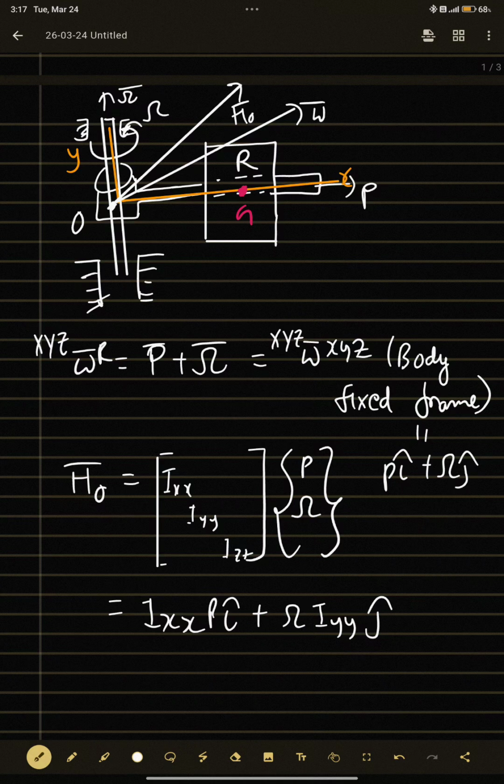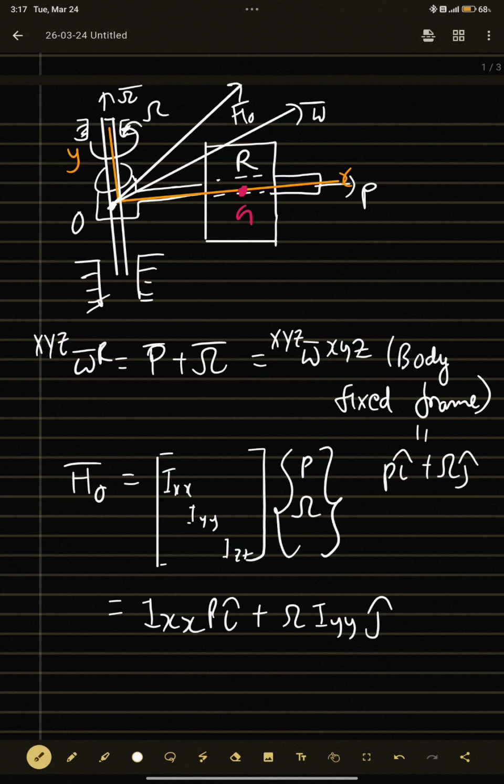Are you getting it? Suppose my question is, will someone in the body fixed frame see omega change or not change? Someone sitting in the body fixed frame, that is, in the x, y and z frame, how will he see that omega?